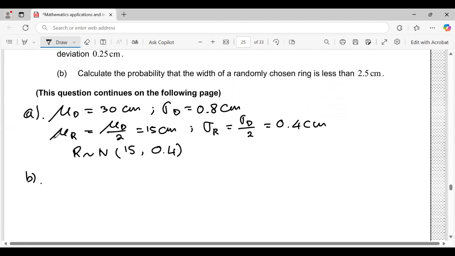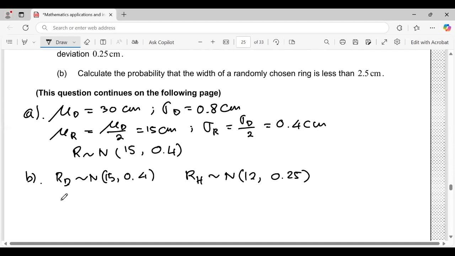The radius of the disc, RD, has normal distribution 15, 0.4, and the radius of the hole, or RH, has distribution 12, 0.25.